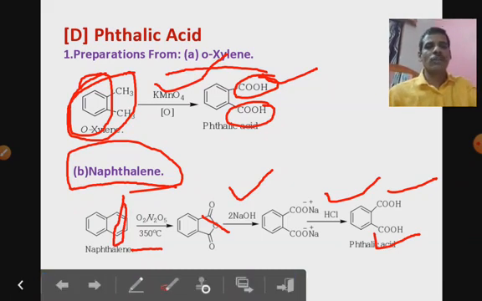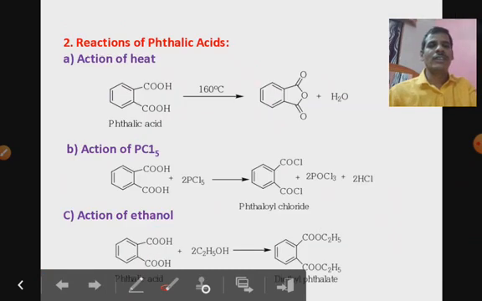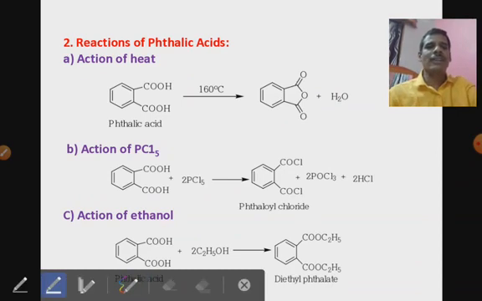Only these two methods of preparation are included in your syllabus. See some chemical reactions. The first chemical reaction is simple heating.